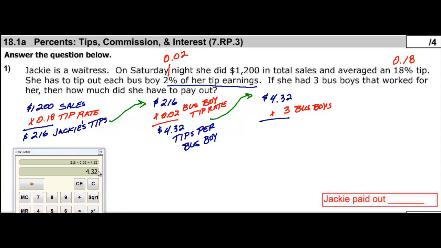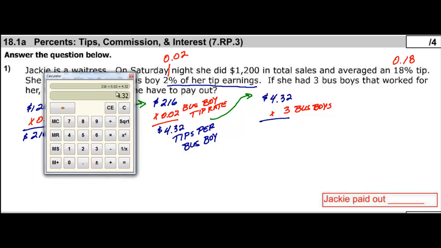They didn't do the 3 busboys, but we need to do that. So here's our calculator again. We already have our 4.32. We're going to multiply it by 3, and we get $12.96. And that is our final answer. $12.96 is the total that Jackie paid out.